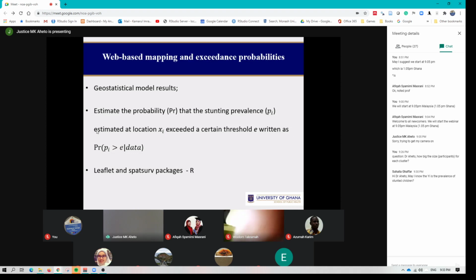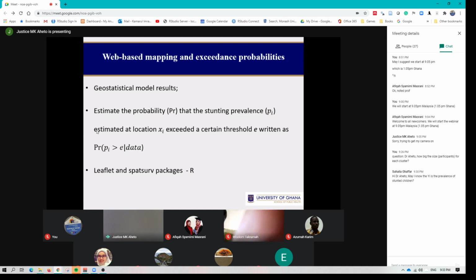Then when it comes to the exceedance probabilities too, we're interested in knowing which areas children are more likely to be malnourished. That's one of the things we want to identify. But even that one is still very broad, because you might find out that nearly all the places children are likely to be stunted. So we need to quantify how much is that risk.